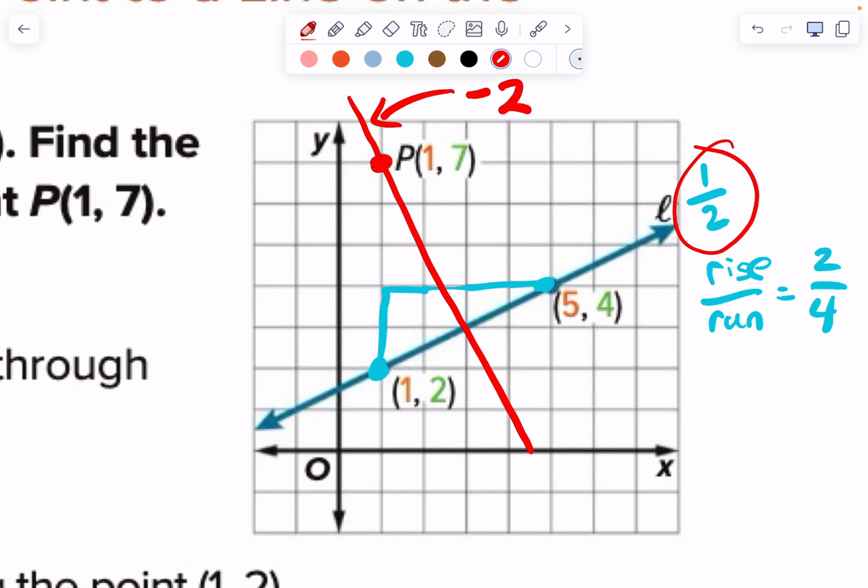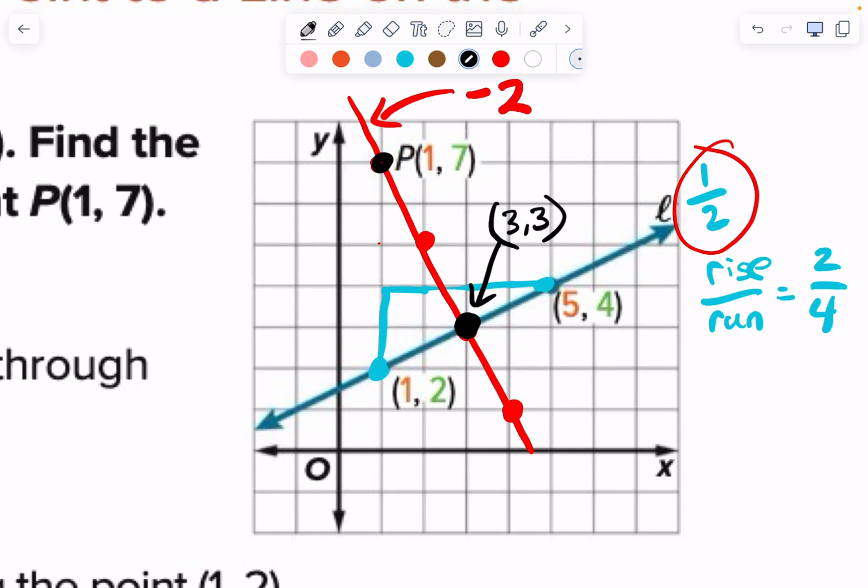So from this dot, I'm going to go down 2 and over 1, down 2 and over 1, and down 2 and over 1. It's hitting perfectly right here. This black dot right here is at (3, 3).